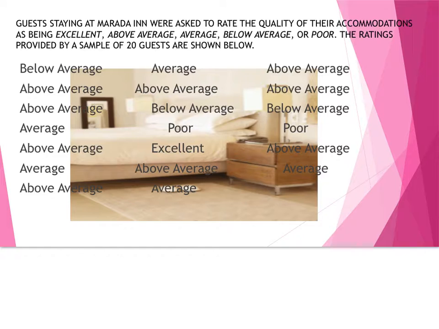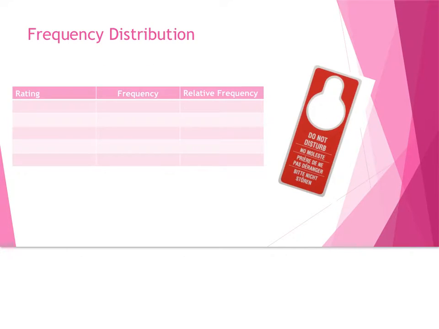That does have a progression to it, from happiest to saddest. So since my data has an order to it, when I make my frequency distribution, I want to keep that order. So when I look at my chart and I'm going to start listing my ratings, I want to list my ratings as such. Excellent, above average, average, below average, and poor.